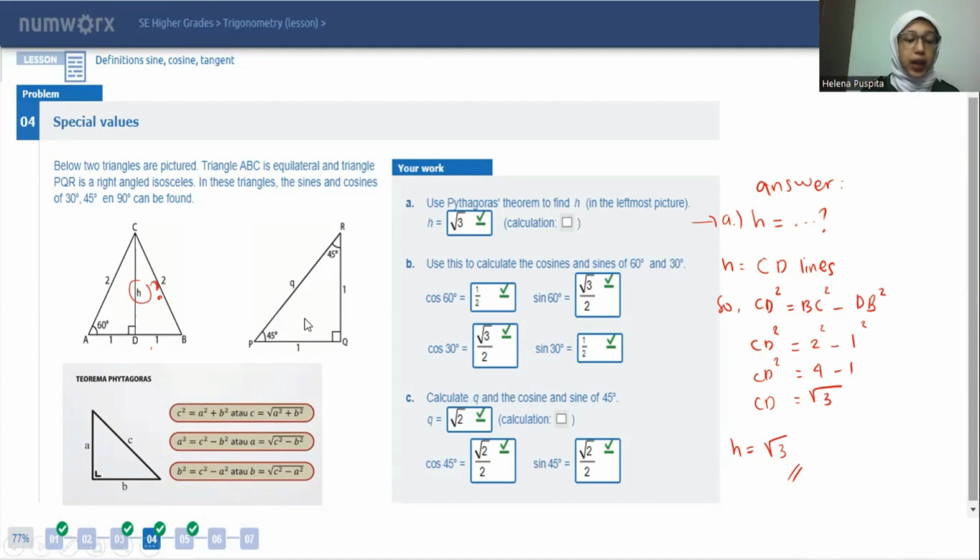Here we will look for the value of the height of the triangle.